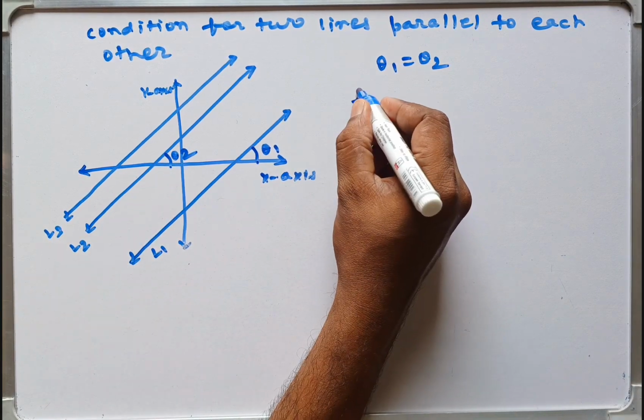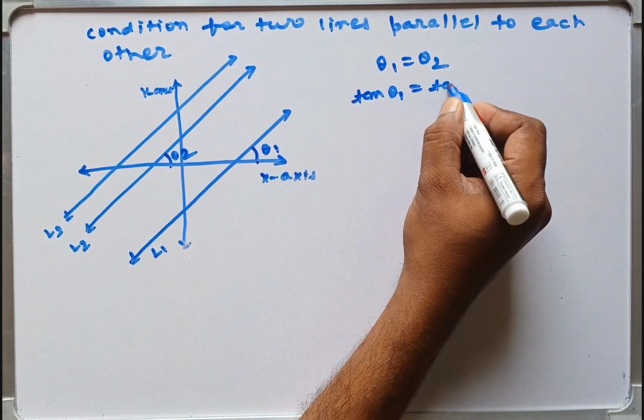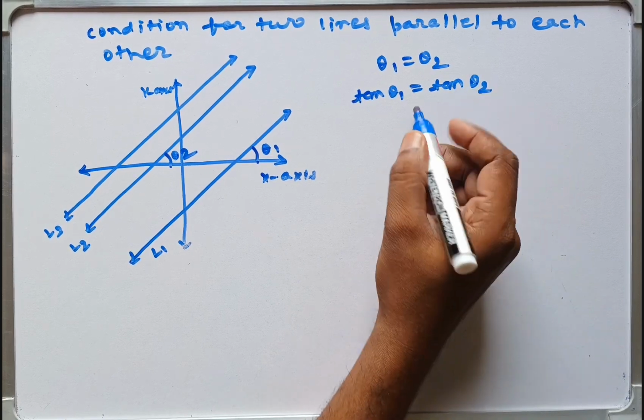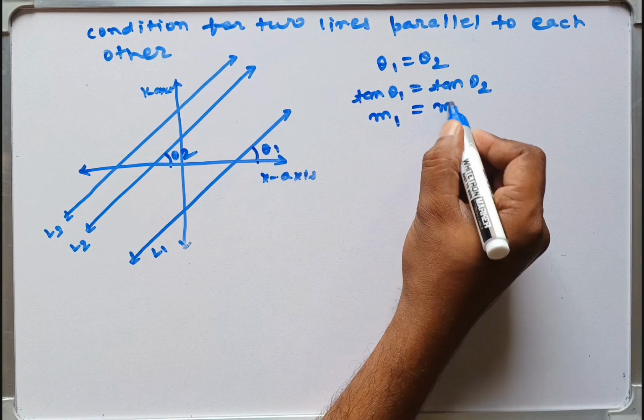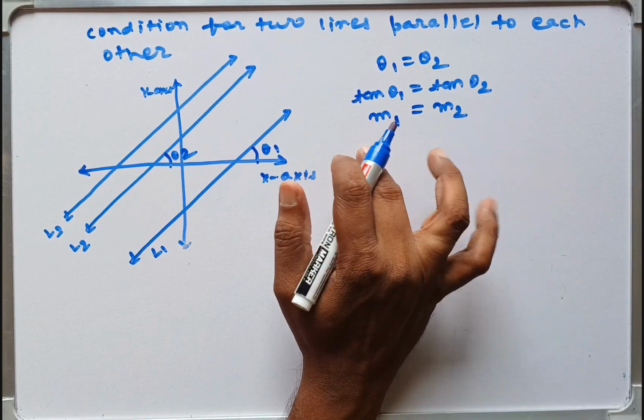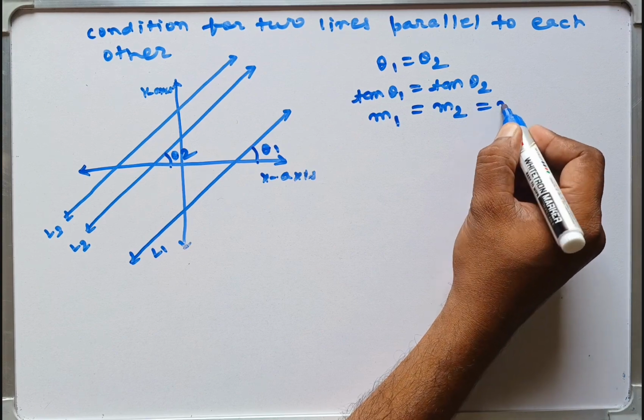It means that if we take the tan theta 1 value and the tan theta 2 value, and it comes to a numerical value m1 and m2, then both values must be the same. So this is say m.